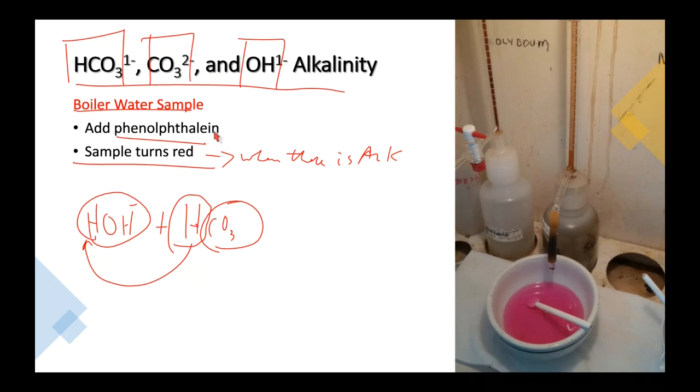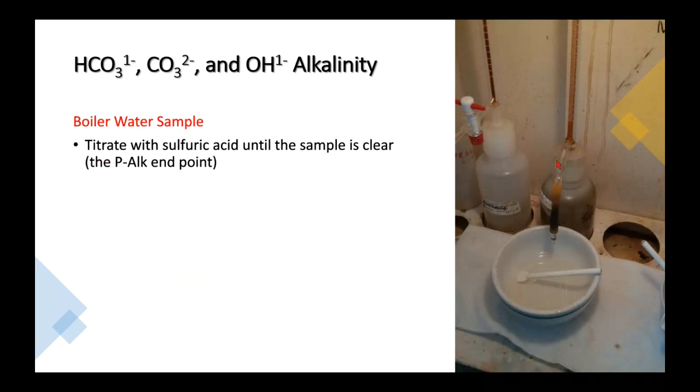So let's say we added phenolphthalein, it turns pink, we know that there's alkalinity. Now we've got to find out what kind of alkalinity, so we're going to titrate it with sulfuric acid. So I fill up my auto burette here all the way, and I start adding dropwise until that pink sample turns clear, which is the end point, which has a pH of 8.3.